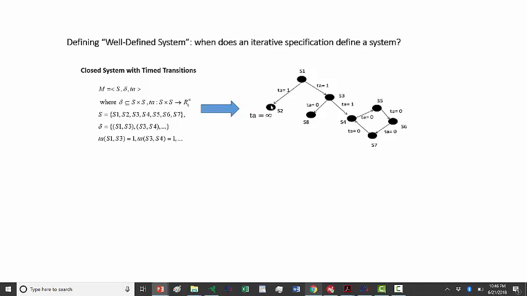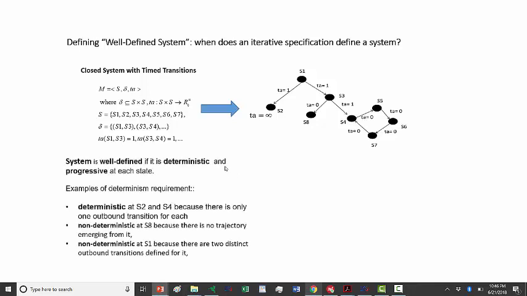But with this kind of concept and recognizing that we have time advances, the question is, under what condition do we get a well-defined graph that satisfies the right conditions? There are two conditions, determinism and progressivity.